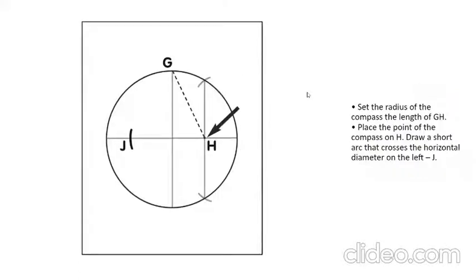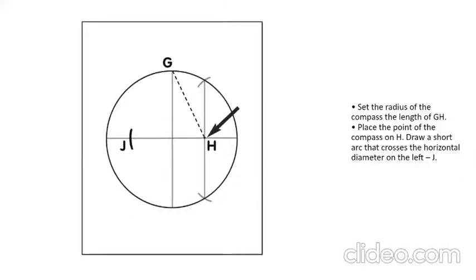Now we're still manipulating that compass. We're going to put our compass at G, which is 12 o'clock, and open it so that it's the same size as where H is, where the intersection is of our line with our AB line.